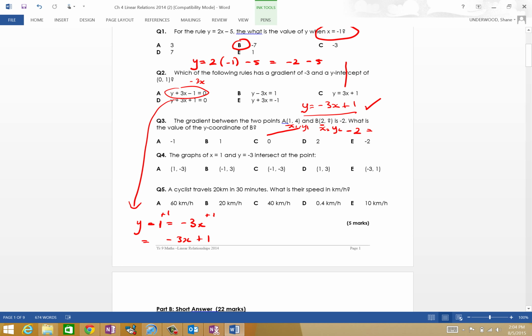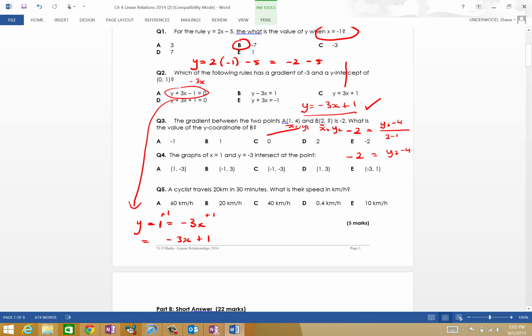So we've got y2 minus 4 over 2 minus 1. So I've got an equation: -2 is equal to y2 minus 4 over 1.